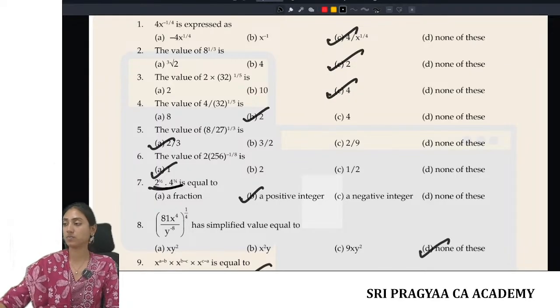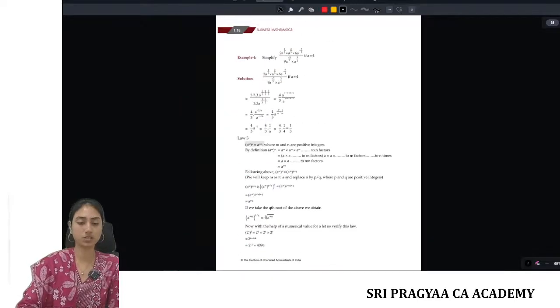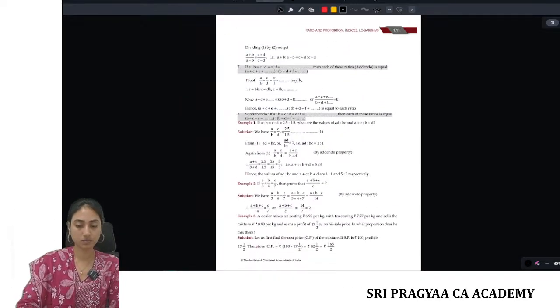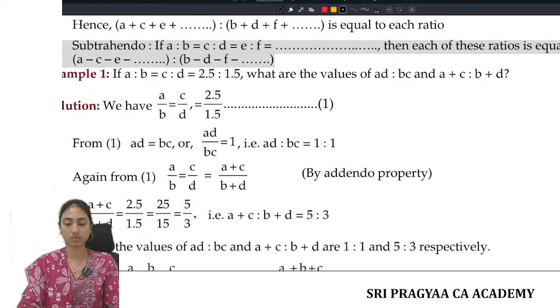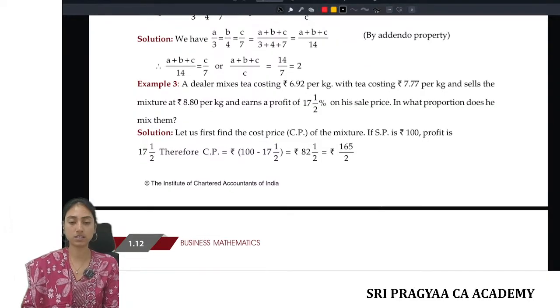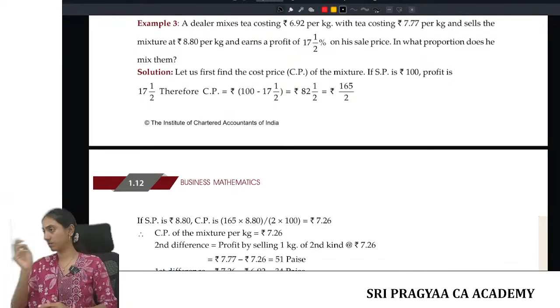Seri, she asked me to work out two problems from the illustration. Okay. First is this question. Anyone wants to attempt this question? Illustration 3. Someone read out loud.